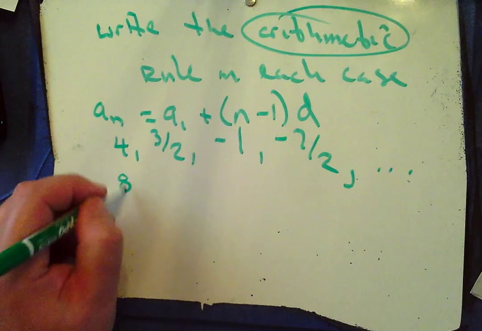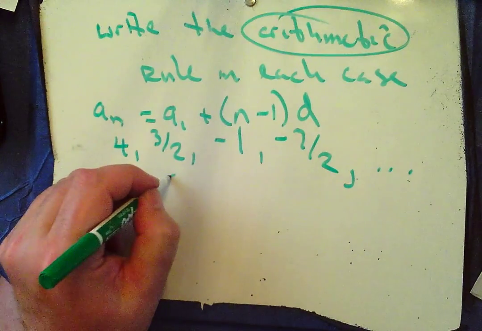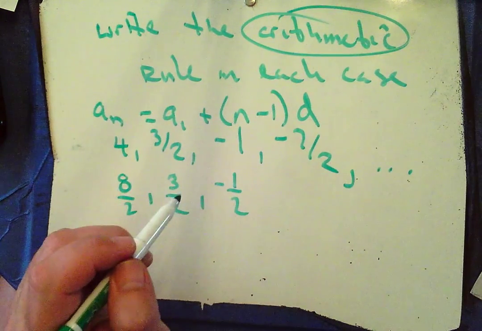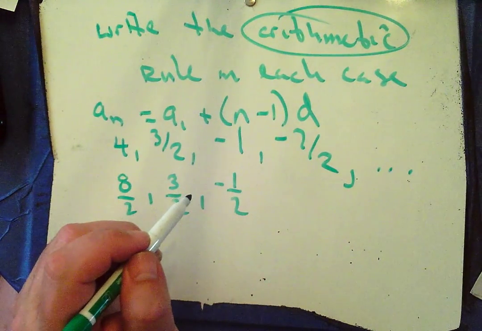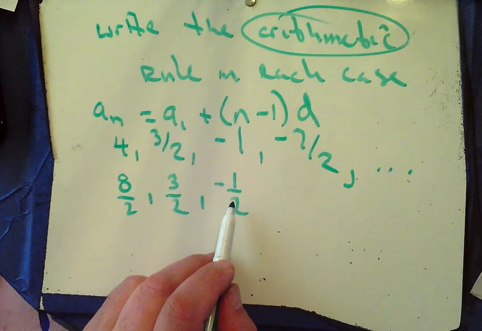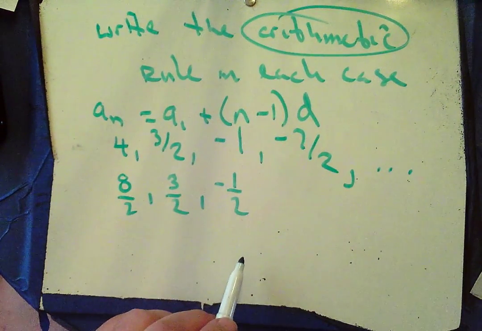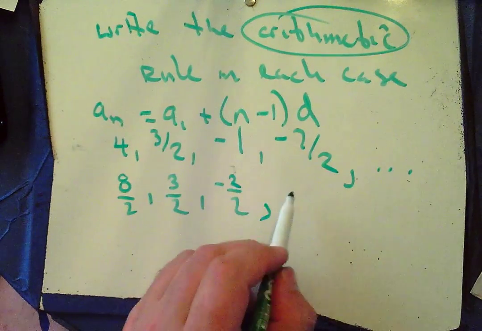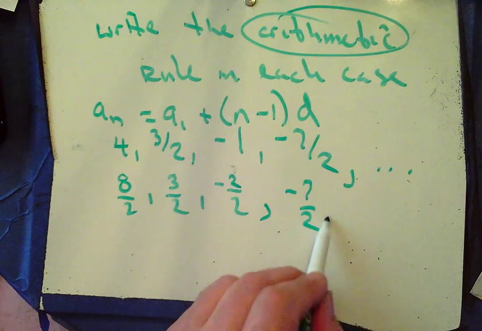So this would be 8 halves. This next one is 3 halves. This next one is -1 half. Huh, that can't be -1 half, can it? Oh, that's because it's -1, so it's -2 halves. That's better. And -7 halves.